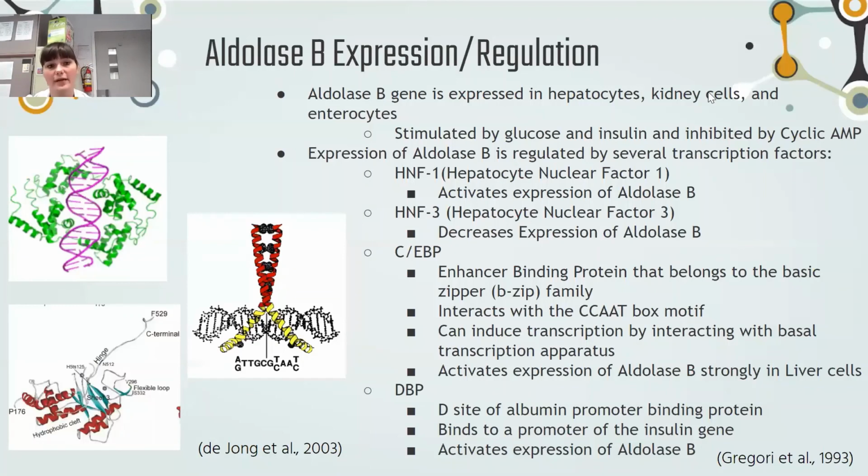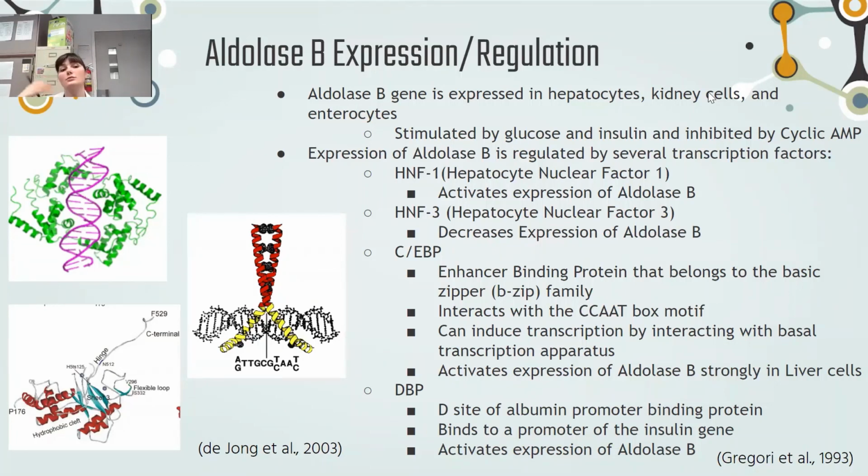So to talk a little bit about why each of these activates or inactivates aldolase expression, these aren't going to directly regulate the expression of aldolase, but aldolase itself plays a hand in glycolysis and gluconeogenesis. So these factors are going to regulate things that also have a hand in glycolysis or gluconeogenesis.